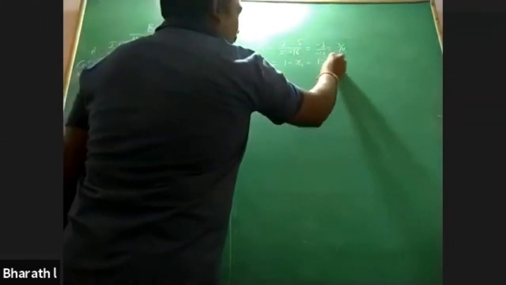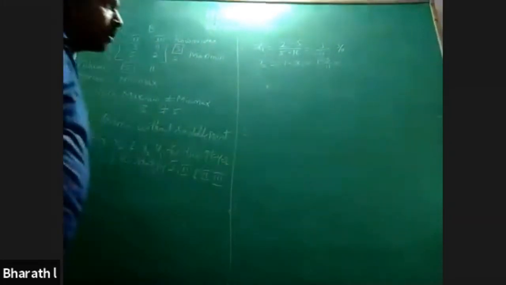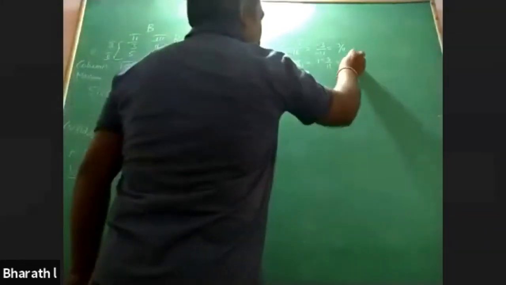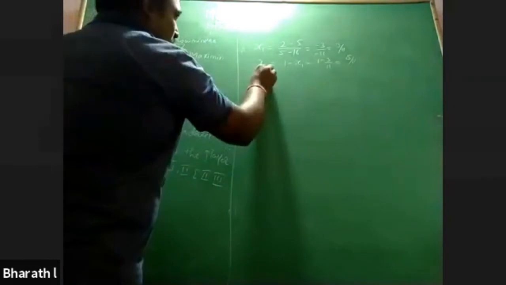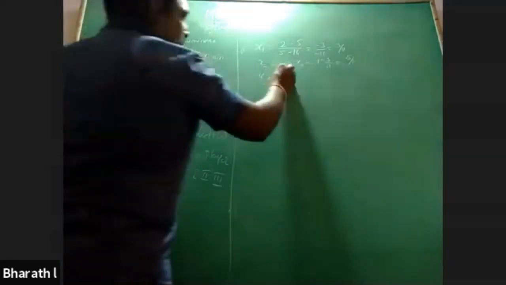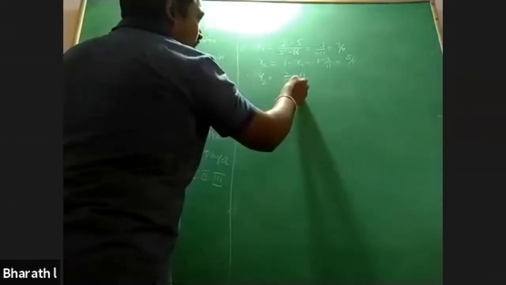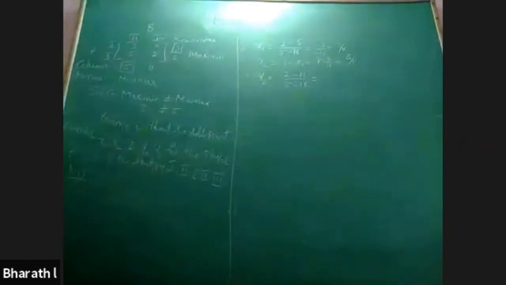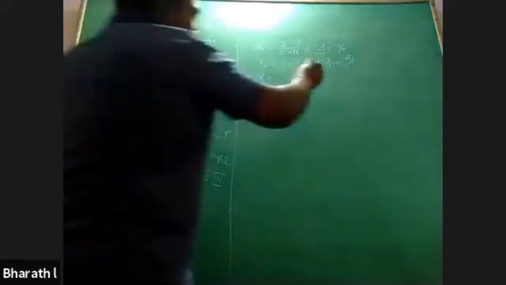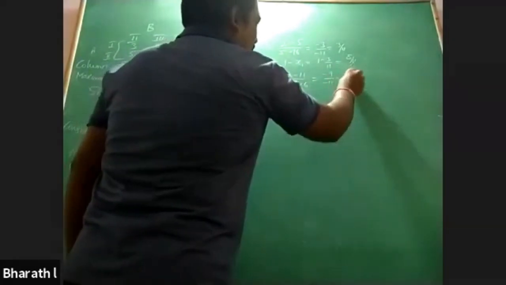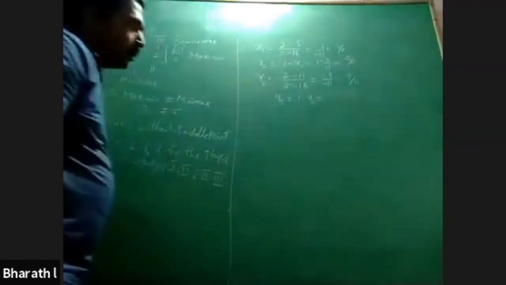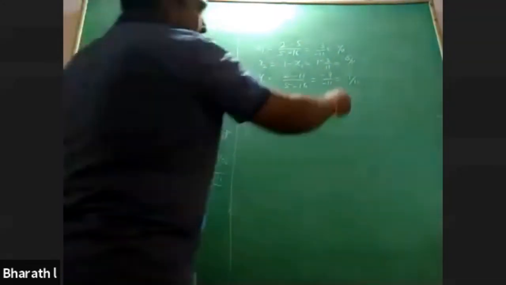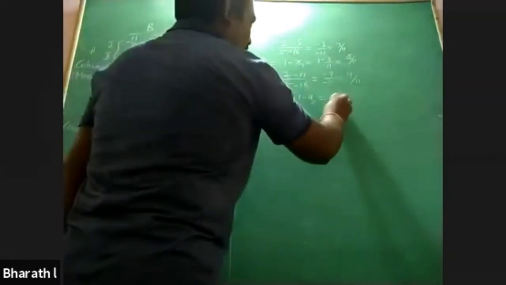X1 you know is 3 by 11. 11 minus 3 gives 8 by 11. Similarly, we need to find the value of y2. For y2, you are finding 2 minus 11 divided by 5 minus 16. The denominator is the same. Then 2 minus 11 is minus 9 by 11, or 9 by 11. Similarly, y3 is 1 minus y2, and substituting 11 minus 9, we get 2 by 11.